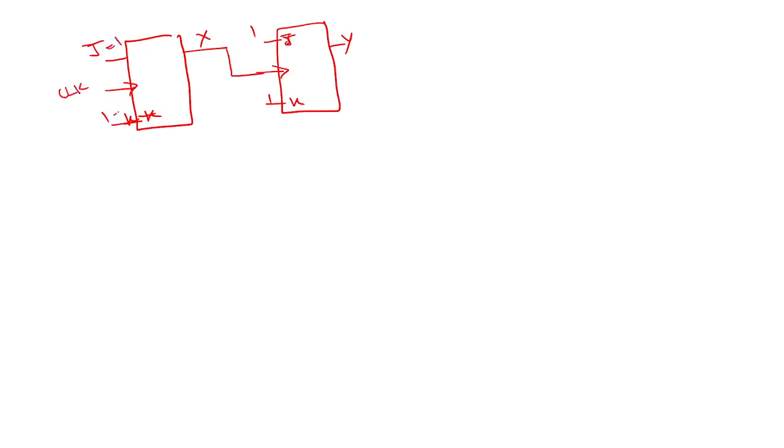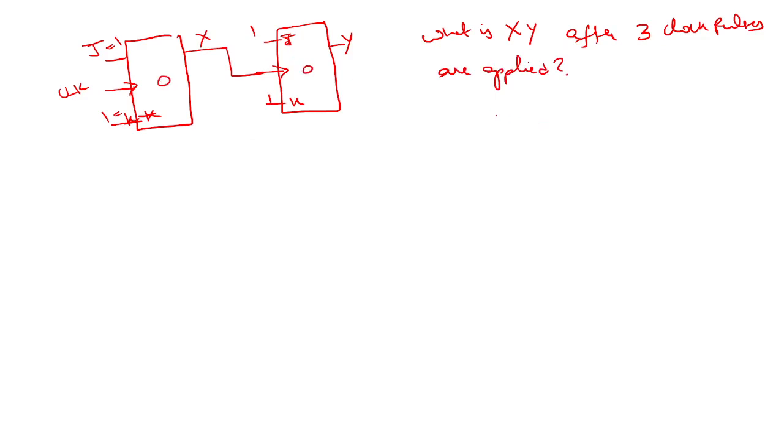J is 1, K is 1. So what is XY after 3 clock pulses are applied? Okay, the initial state is 0, 0. What is XY after 3 clock pulses are applied?